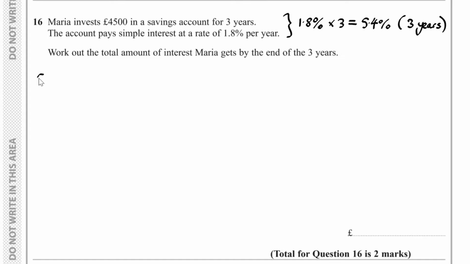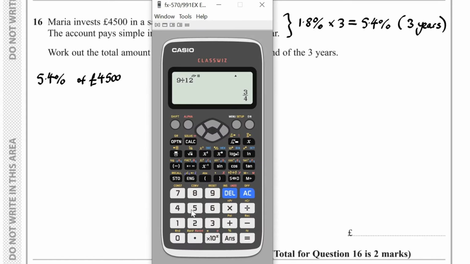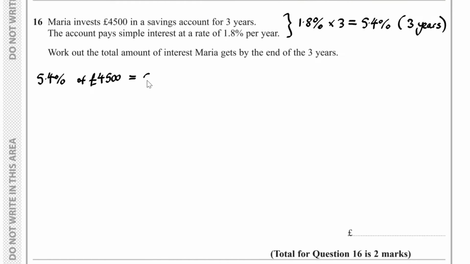So therefore, 5.4% of £4,500. All we have to do over here, 5.4 divided by 100 times by 4,500, that's equal to 243. So we have over here £243.